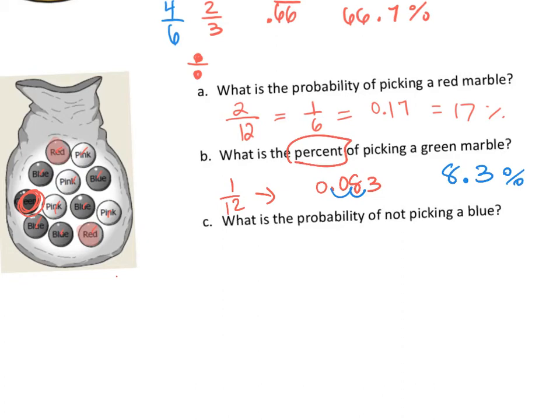What is the probability of not picking blue? Well, 1, 2, 3, 4, 5 blues out of 12. So 7 out of 12 is not blue. And 7 divided by 12 is 0.583 repeating, which as a percent is about 58.3%.